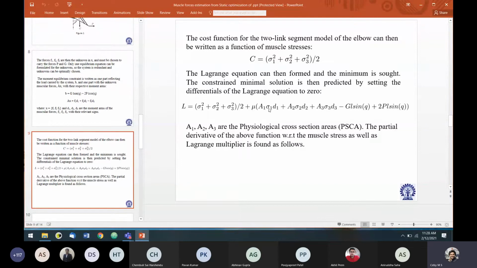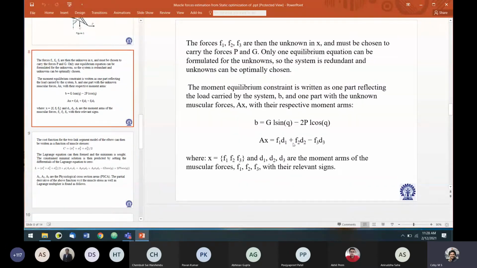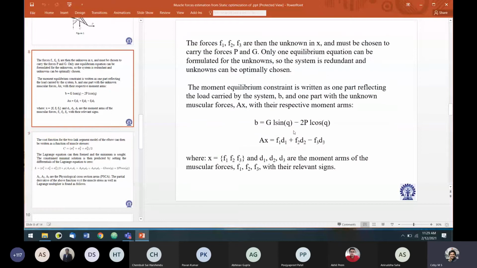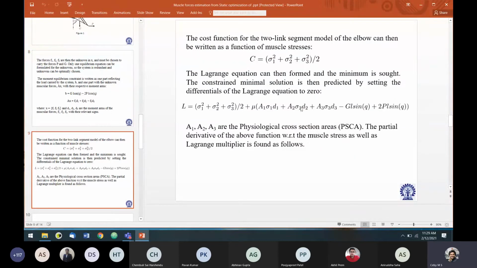Here A1, A2, A3 are the physiological cross-section areas. We are just multiplying A into sigma equal to F, no? A sigma equals F. So we are using the same equation, AX minus B. The minus becomes plus.